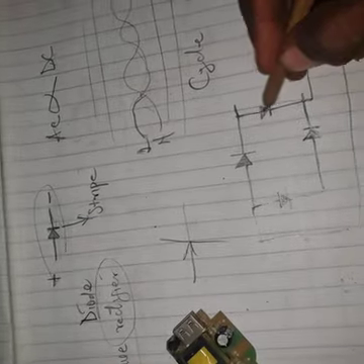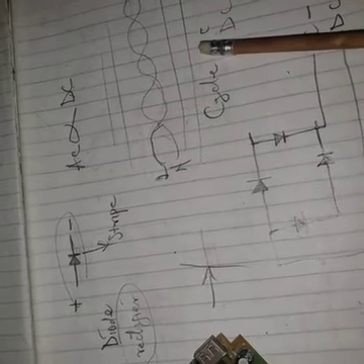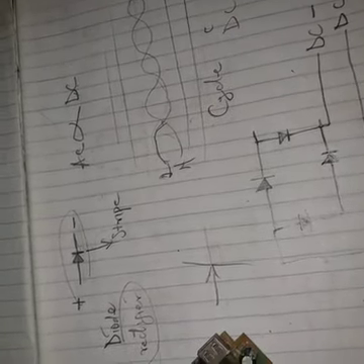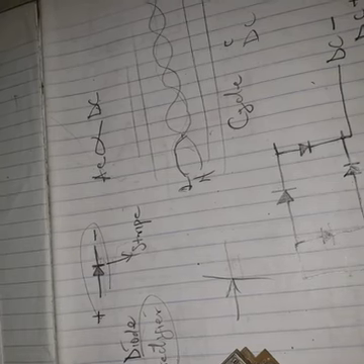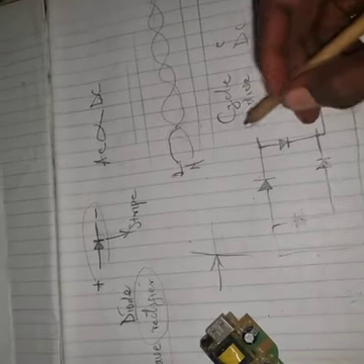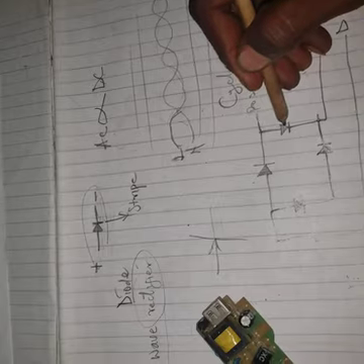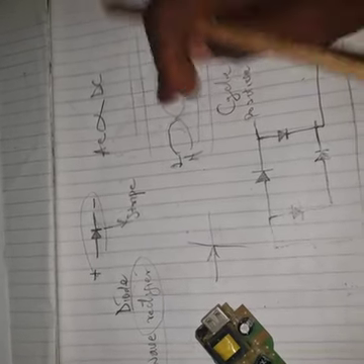A single wave of this current, when it passes through here, since the diodes can only take half of the wave and make it become one full line of DC. So if the positive part of the AC current goes through here, normally it's supposed to be in form of a wave.